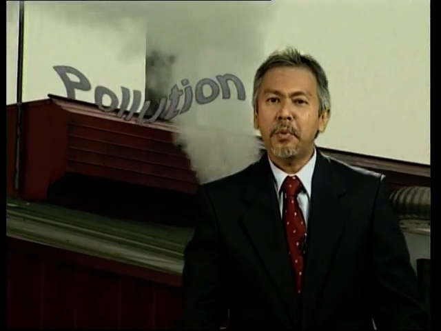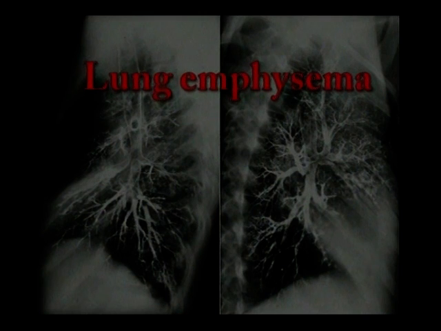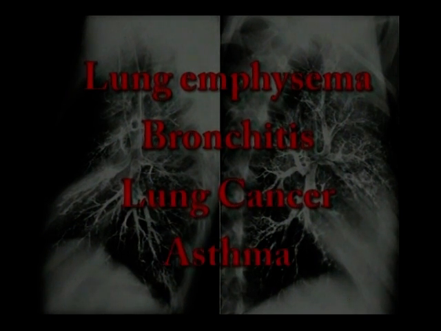There are various pollutants in the air that are harmful and can cause illnesses that affect the human respiratory system. Pollutants in the air can cause diseases and illnesses like lung emphysema, bronchitis, lung cancer, and even the common asthma.